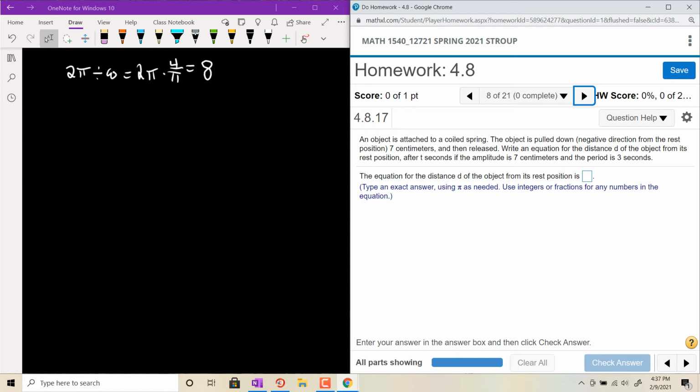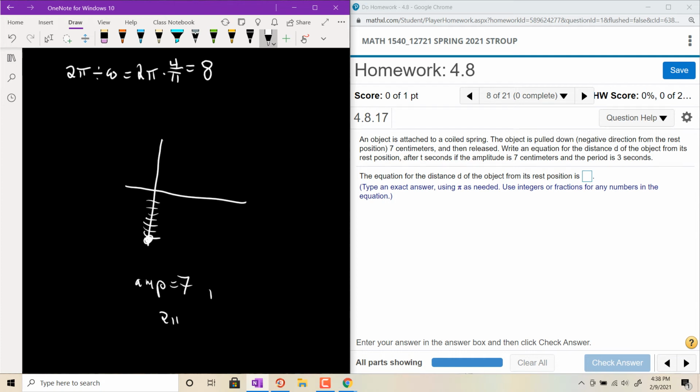The object is pulled down in the negative direction 7 centimeters and then released. So it's starting here. Write an equation for the distance d of the object from its rest position after 2 seconds, if the amplitude is 7 centimeters and the period is 3 seconds.